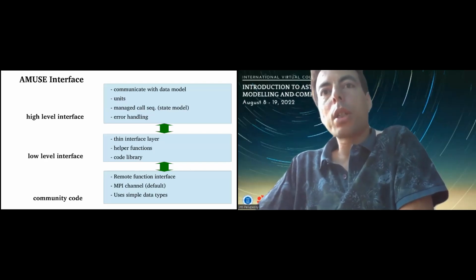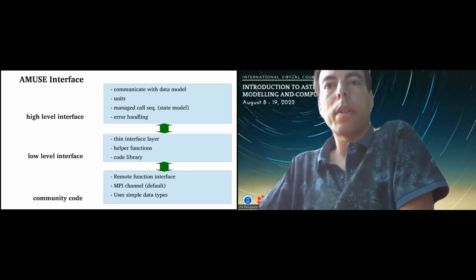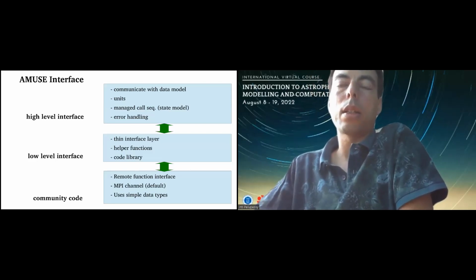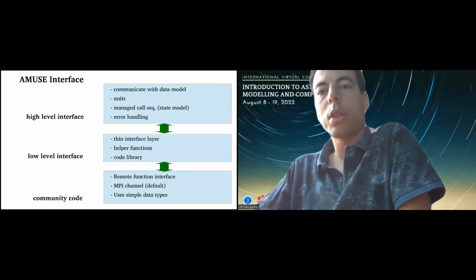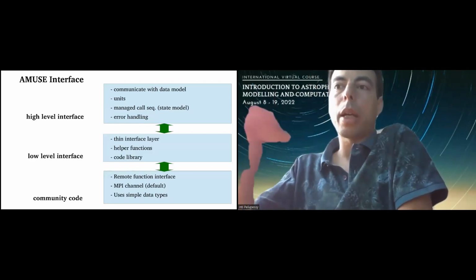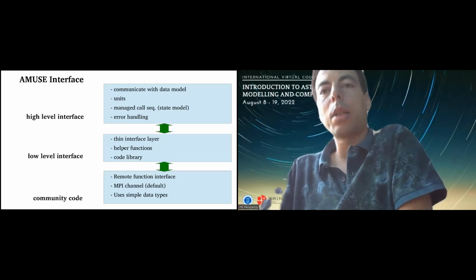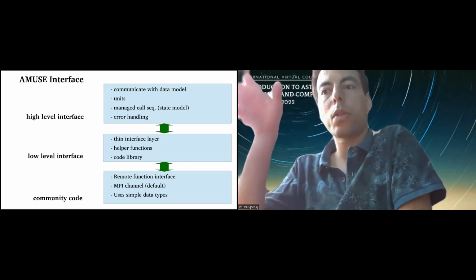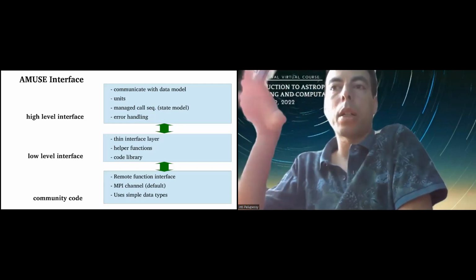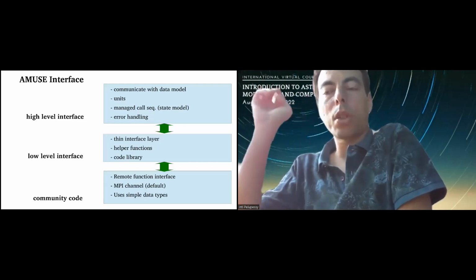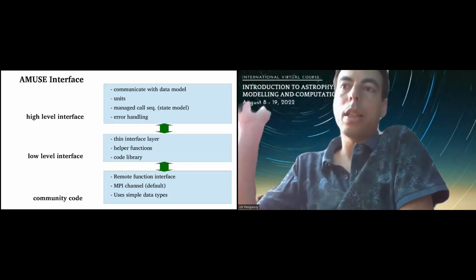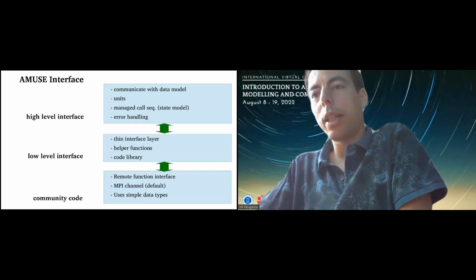Behind the scenes, there's a concept of different levels of interface to a code, and the user only sees the high-level interface, but there are low-level things behind it that drive all these things. The idea behind AMUSE is that you want to hide from the user the messy parts, the numerical implementation and the nitty-gritty details of handling the code and the data in the code.